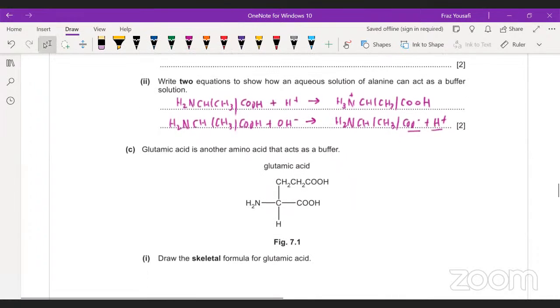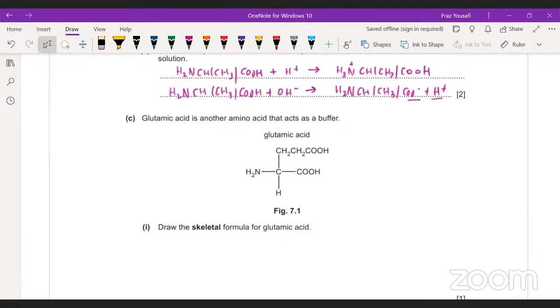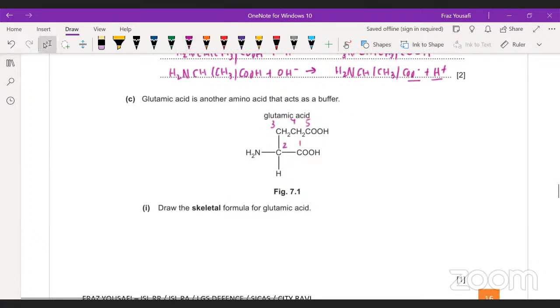Again, another one is glutamic acid, which can also be used as a buffer solution. They wanted you to show the skeletal formula. The way that you ought to do this is simply count up the number of carbons that are attached together. That's what you would get.